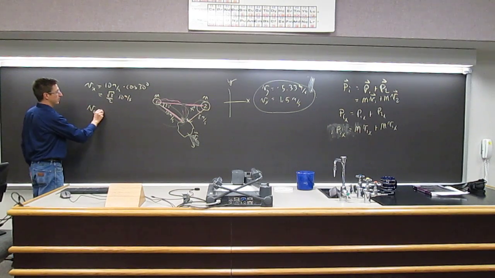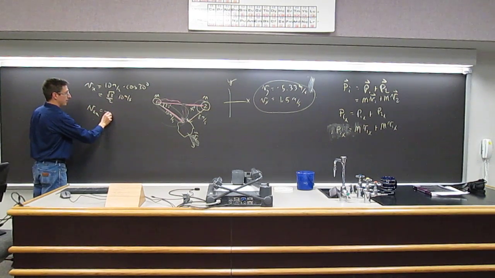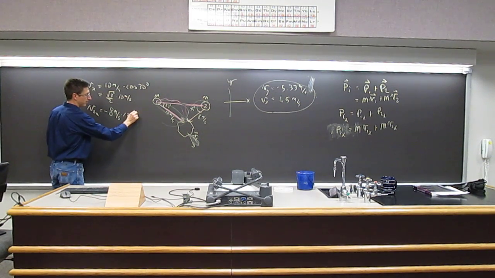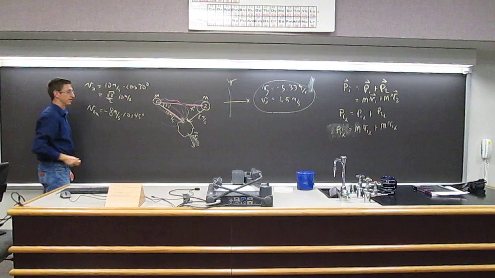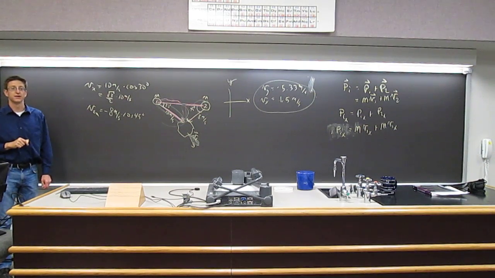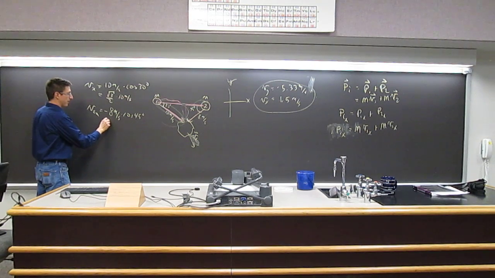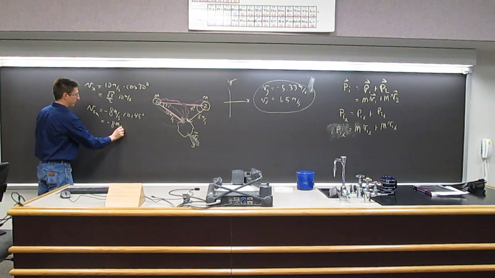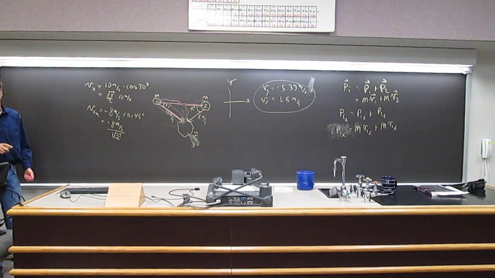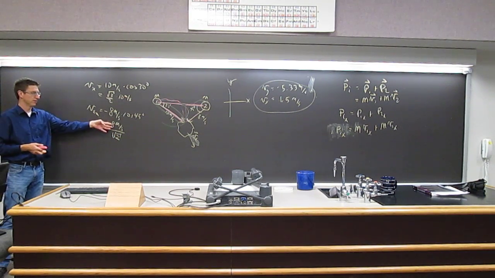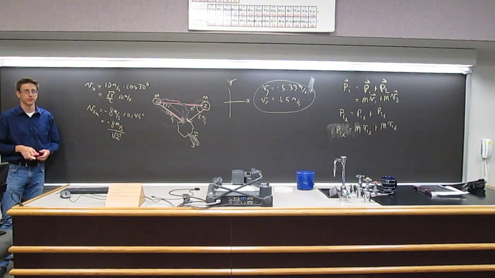It'd be negative 8 meters per second times cosine of 45 degrees. You guys follow that? And so that's minus 8 meters per second over square root of 2. Cosine of 45 you can plug into your calculator if you don't know it.